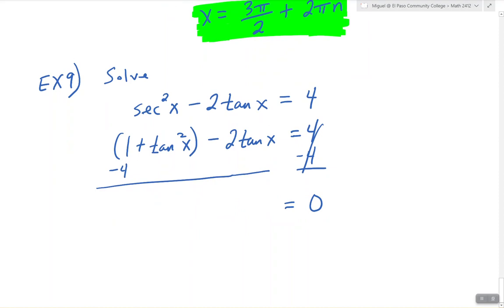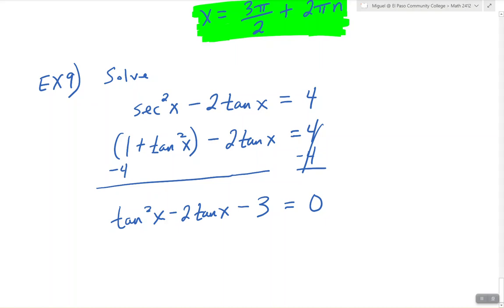Actually, let's do the tangent squared first. So I'll have tangent squared minus 2 tangent of x minus 3, looks like. Okay, now you can factor from here.